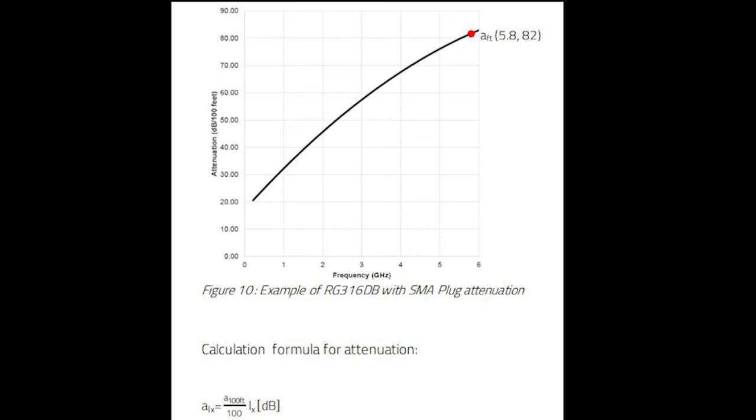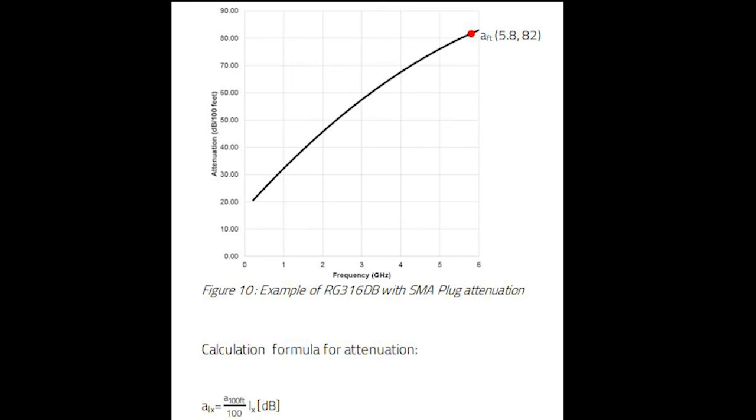This helps you quickly determine how a specific frequency point would perform when a cable length changes, to match the cable routing need to other factors. So if you need to know how 5.8 GHz attenuation changes between 3 feet and 5 feet lengths, then using an assembly of SMA straight plug to SMA straight plug on RG316 double braid cable, here's the attenuation table and the formula as shown in Figure 7 of this podcast.